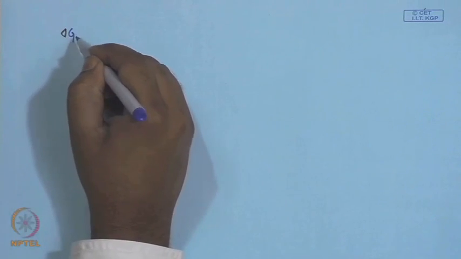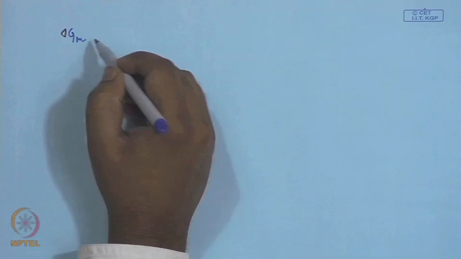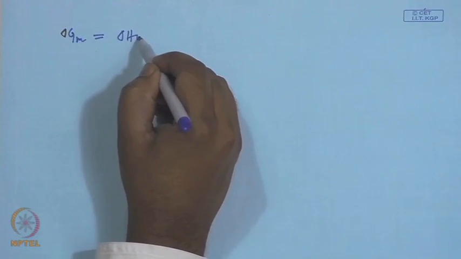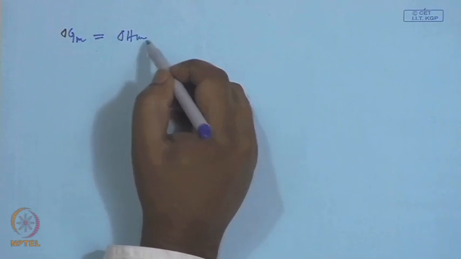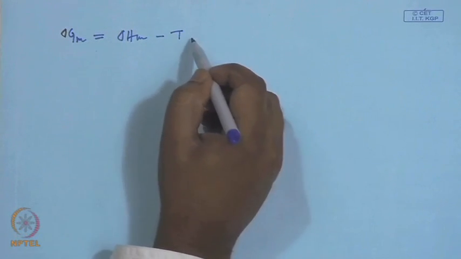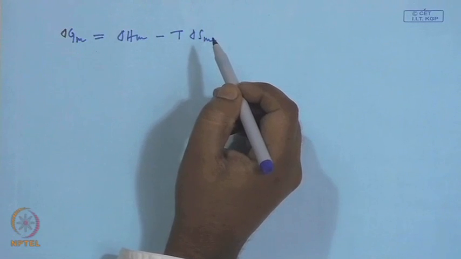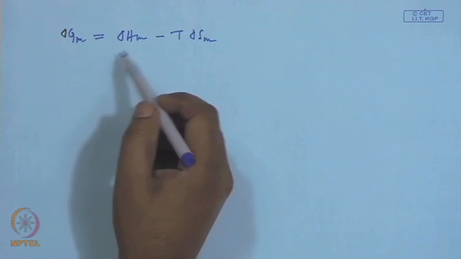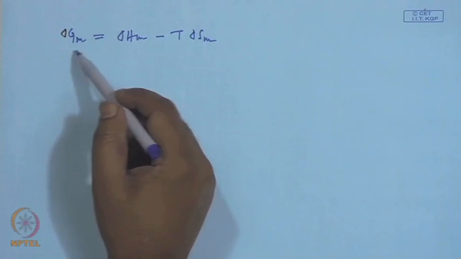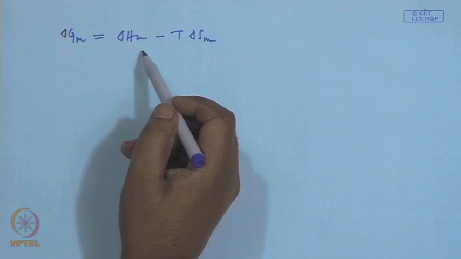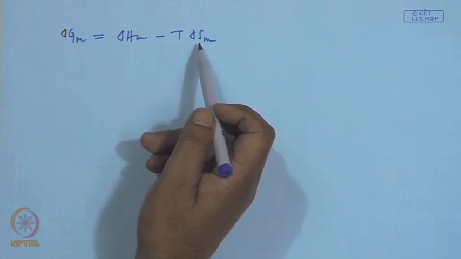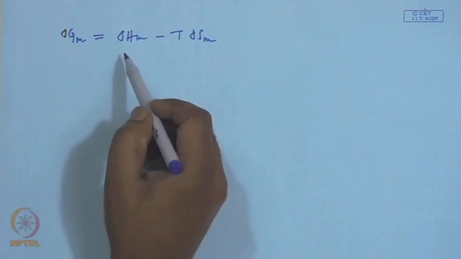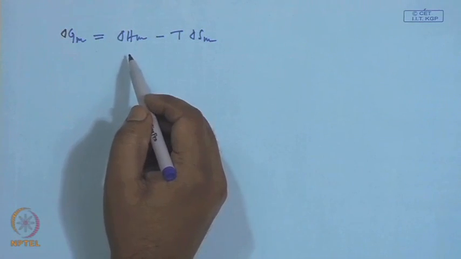We know that if we consider delta G of melting, delta G of a process, we can write delta G m equals delta H m minus T delta S m. Now, these terms are for a particular repeat unit, per repeat unit.